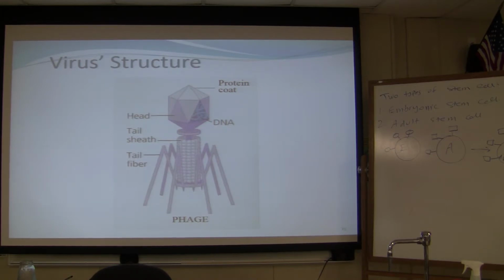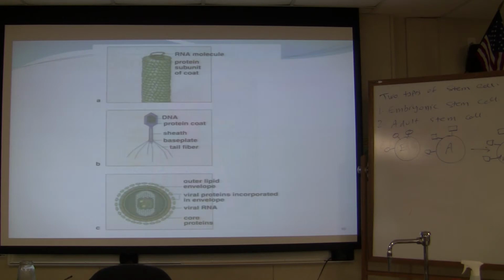On those, I hope you recognize which one of them is a phage, which one of them is HIV. You should recognize those pictures that are in your textbooks. But this is the phage, and inside of the phage is DNA right here. That's the DNA material. And then here we go, the different types: HIV, a phage, and an RNA virus outside. All the green is protein molecules.